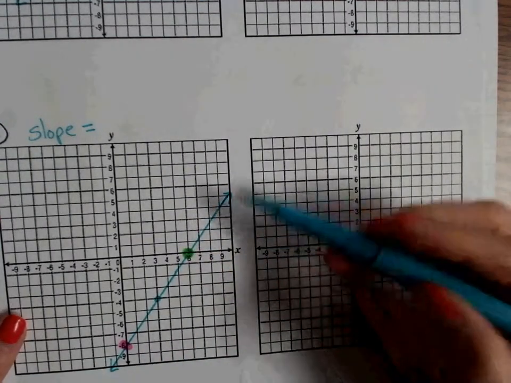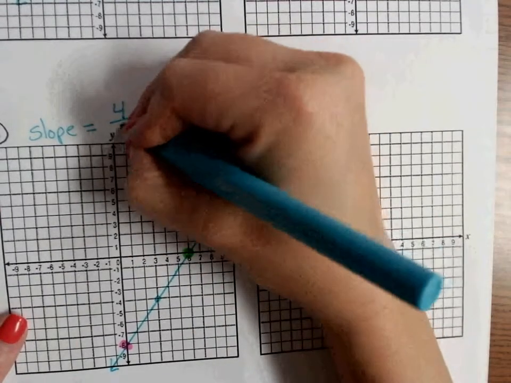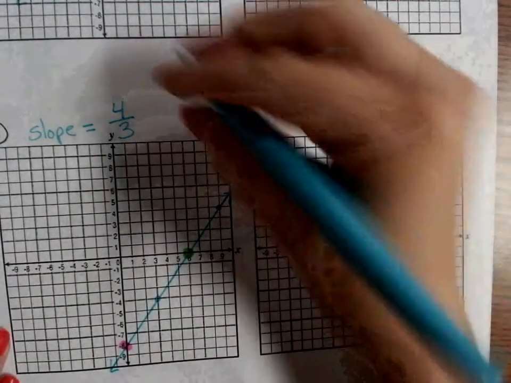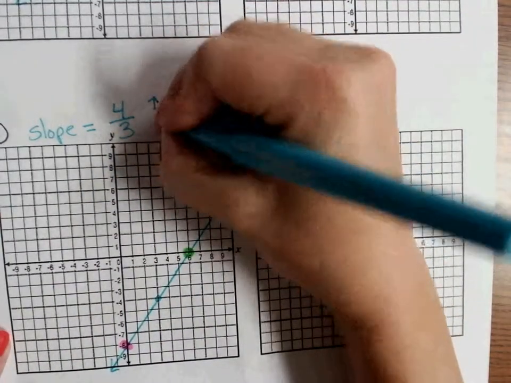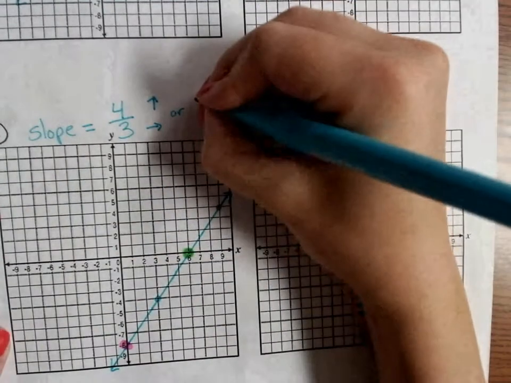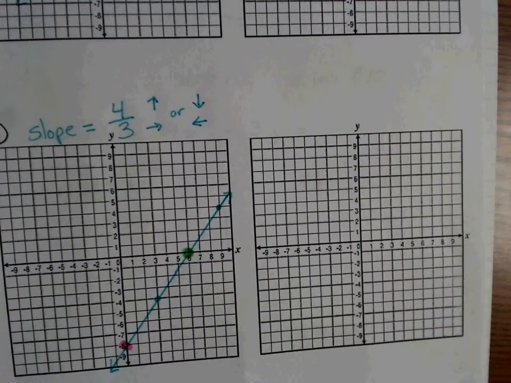Okay? So it's a positive slope of 4 over 3. And remember, those directions mean you would go up and to the right, or the direct opposite, down and to the left. Right? Because a negative over a negative is still a positive.